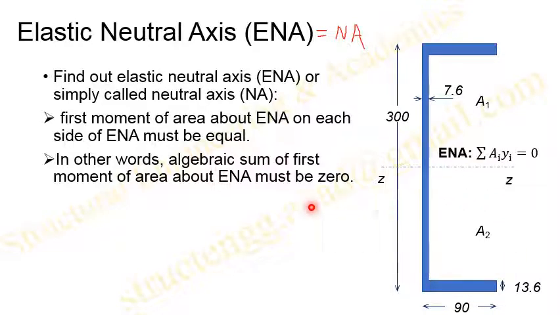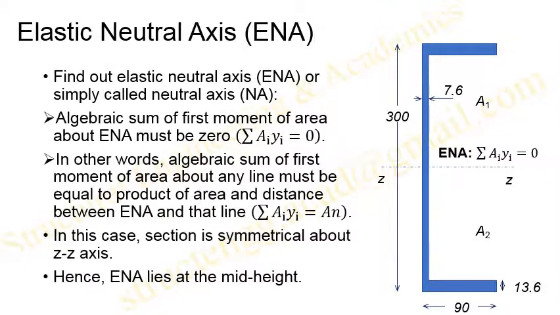In other words, the algebraic sum of the first moment of area about ENA must be equal to 0. Mathematically, the summation of all the first moments of area of different segments will be equal to 0 if it is taken above the elastic neutral axis.